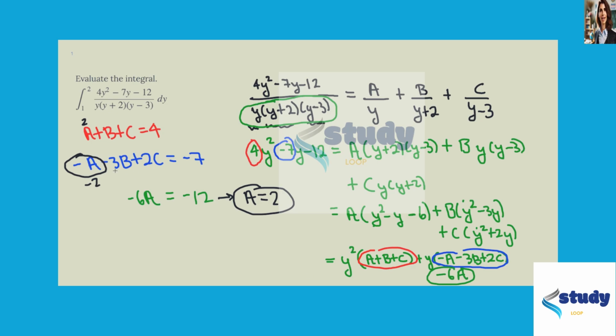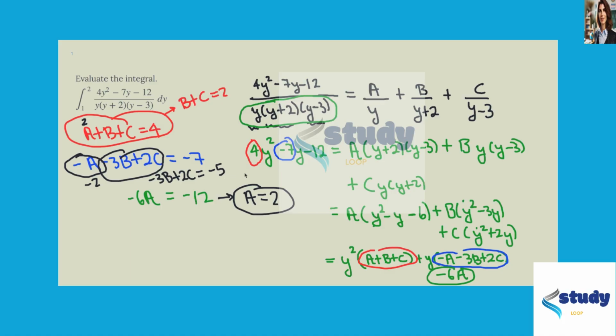So this first one becomes B plus C equals 2. And for the other equation, add that negative 2 to the other side. We have minus 3B plus 2C equals negative 7 plus 2, which is minus 5.